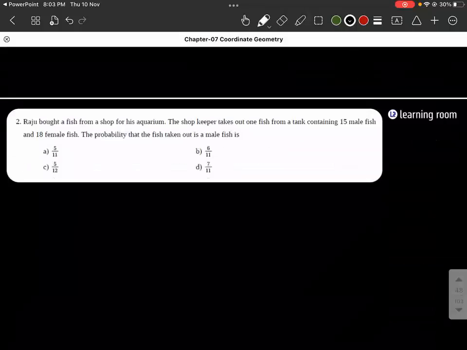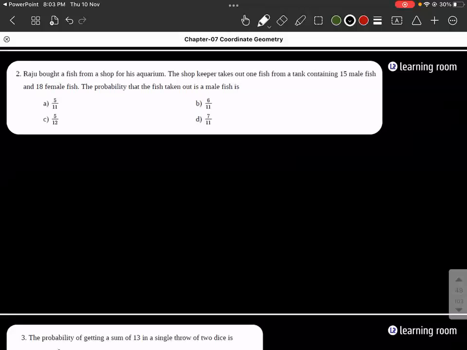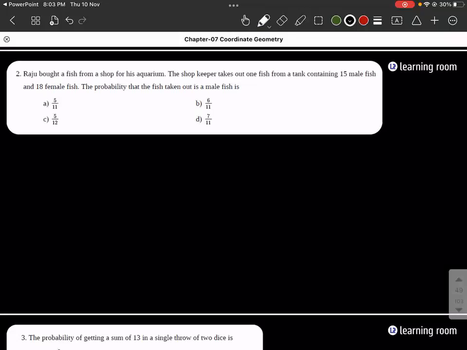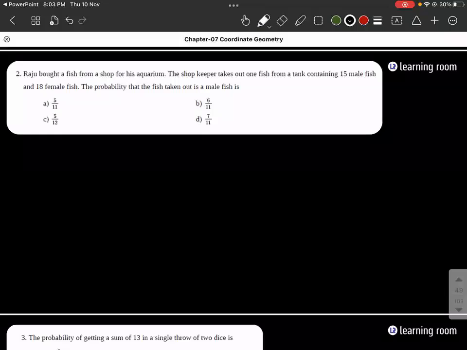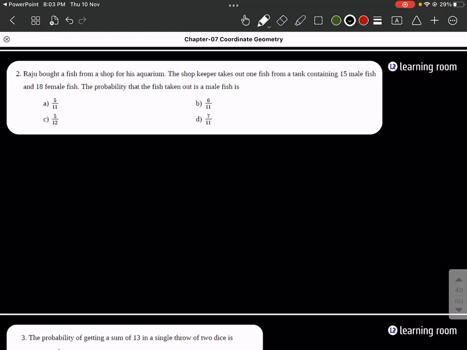Raju bought a fish from a shop for his aquarium. The shopkeeper takes out one fish from a tank containing 15 male fish and 18 female fish. The probability that the fish taken out is a male fish.